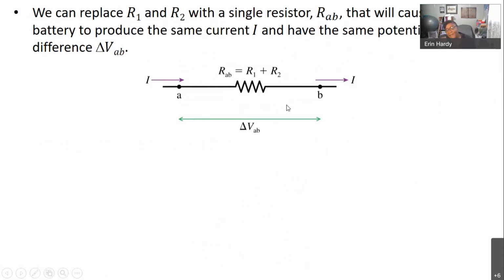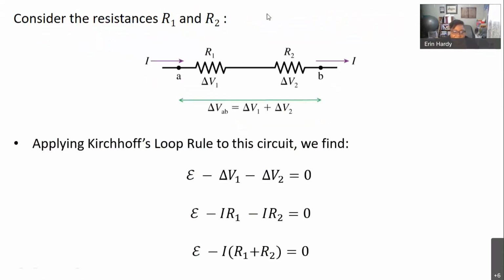So that means that if I can find a third resistor that has a value that's equal to whatever R1 plus R2 is, if I connected that to the same battery and let's say put an ammeter in that circuit, the battery would not be able to tell the difference between powering this circuit that's got this resistance value RAB and the one that we saw in the previous slide, which is the same amount of resistance but divided across two individual resistors.